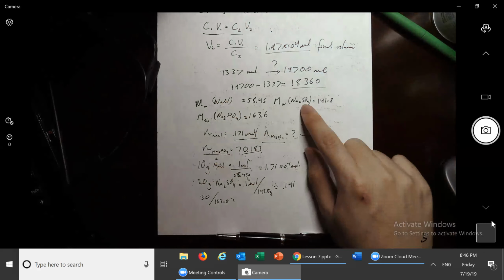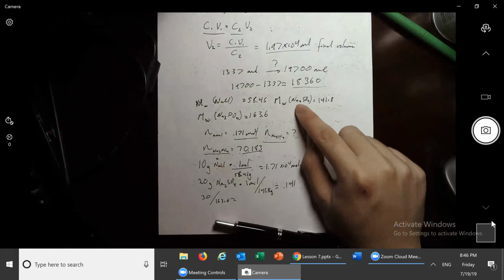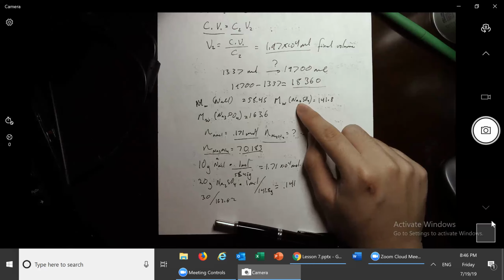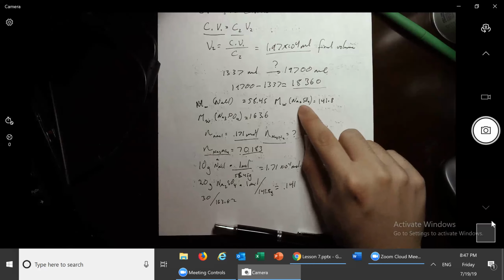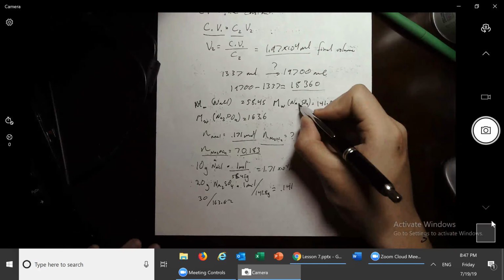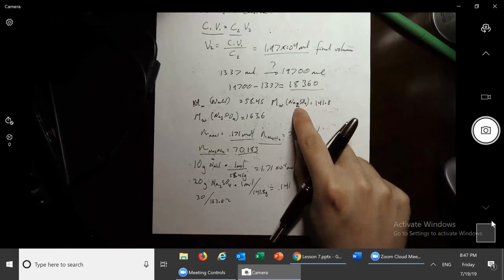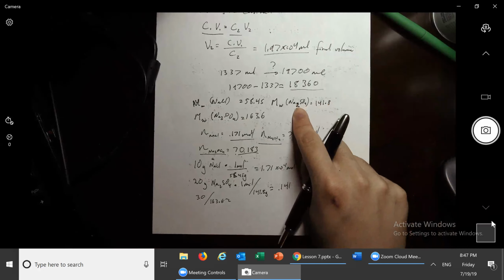What about sodium phosphate, sodium sulfate? How many moles of sodium do we have per mole of sodium sulfate? Oh, wait, that's a 2, not a 3, right? I didn't write that clearly. Yeah, so does everyone see why we have 2 moles of sodium per mole of sodium sulfate?